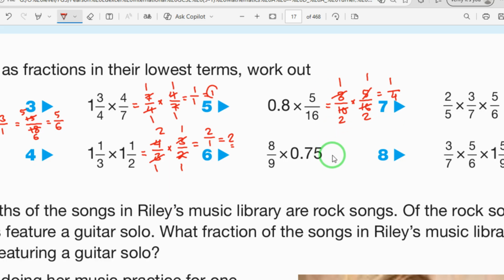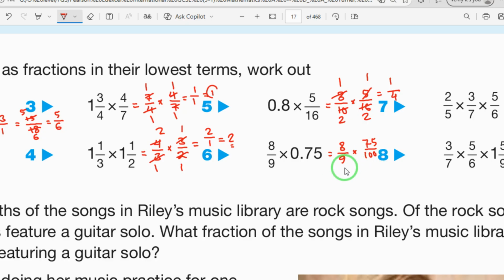Come to question number 6. In question number 6, we write 8 over 9 as the first fraction as itself, and the second fraction, instead of a decimal fraction, we first convert to a fraction. We write here 75 over 100. Then we can simplify.